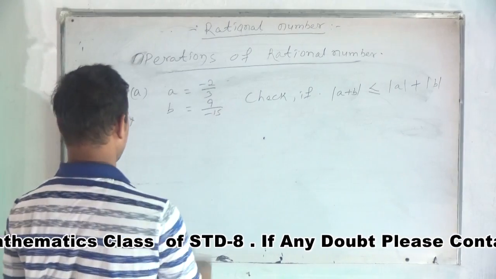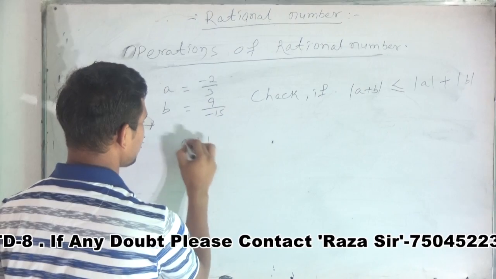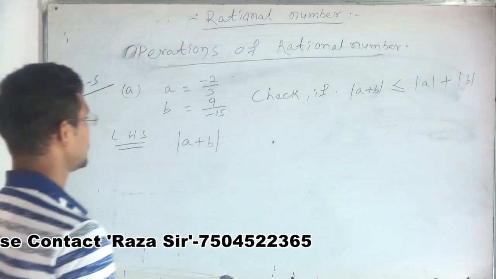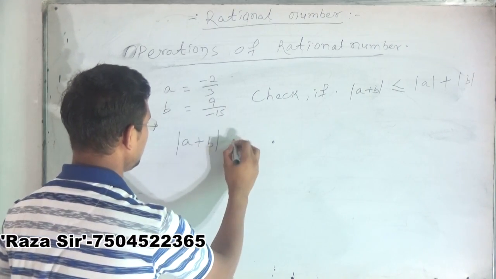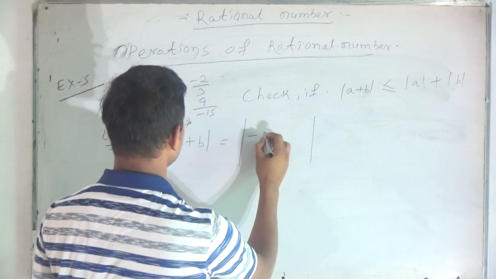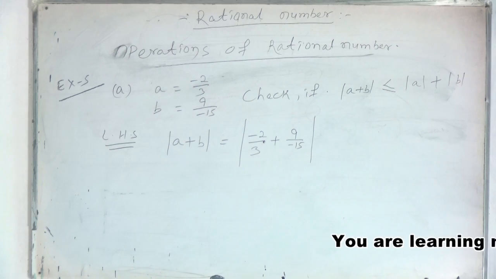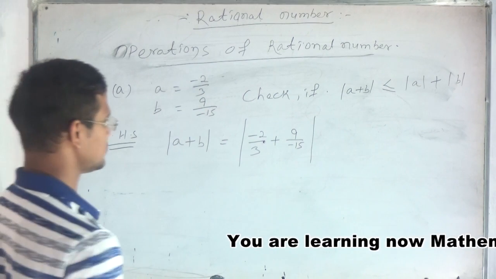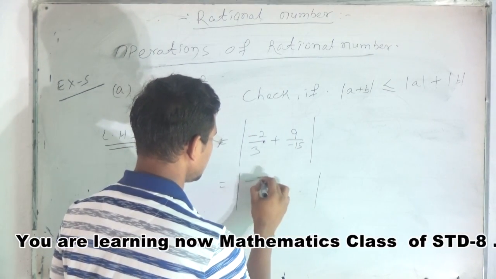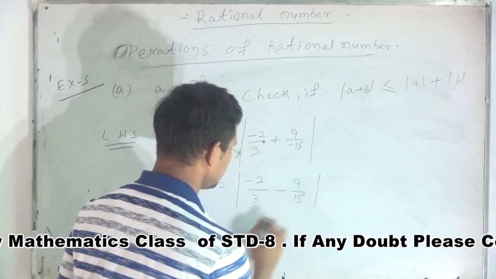Okay, first take the LHS, the absolute value of the sum of a and b. First you operate inside: minus 2 by 3 plus 9 by minus 15, which is plus minus 9 by 15.